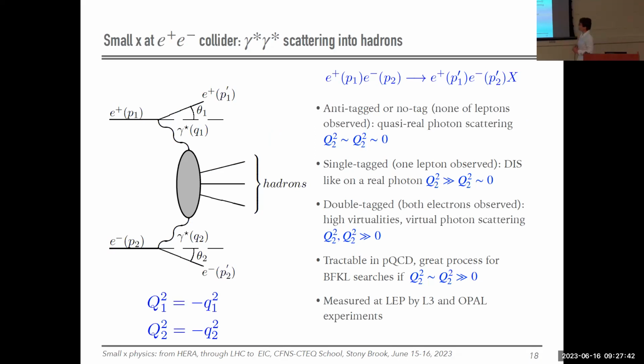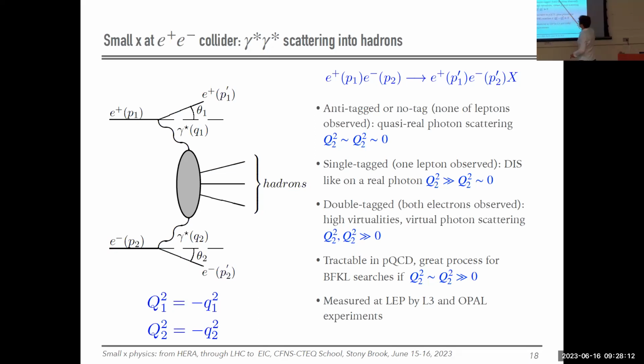Okay, so now moving briefly outside the DIS machines to e+e-. You can test small x physics in e+e-, and that has been done. So you look at two electrons, electron and positron, and they are scattering. You have a double tagged event. So there are three classes. Anti-tagged or no tag, so then basically you don't see the electrons because they scatter at small angles, so Q squares are small.